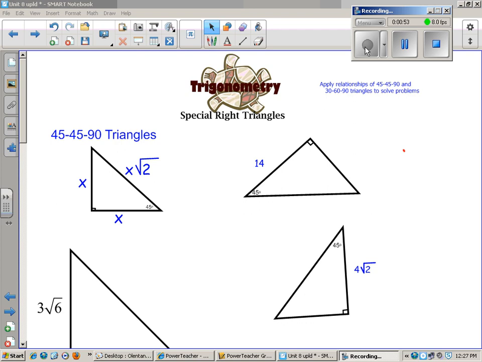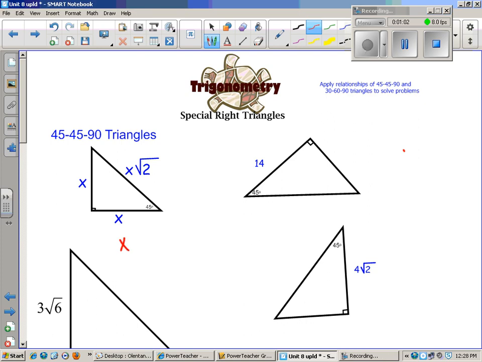And then if you think about it, let's do a little bit of Pythagorean theorem. This side is x and this side is x, so we have a squared plus b squared equals c squared. x squared plus x squared is 2x squared, and to get c, we take the square root. x squared breaks down into x and x, so that x gets to go out.